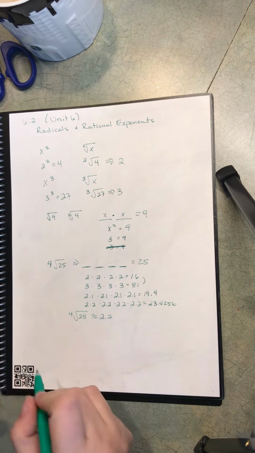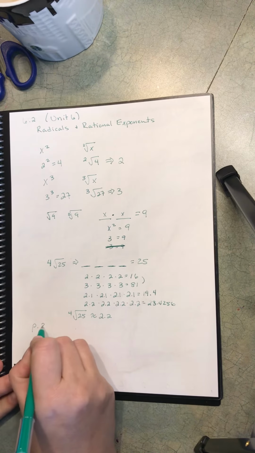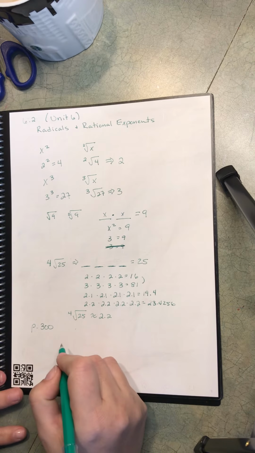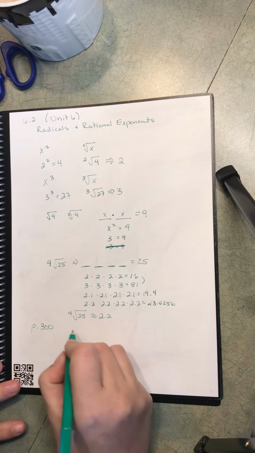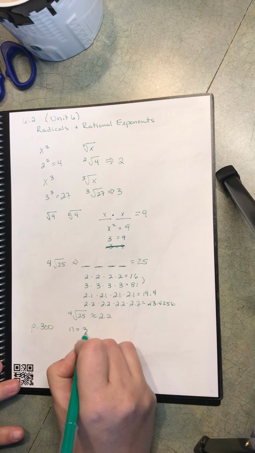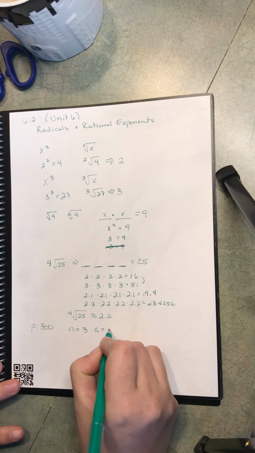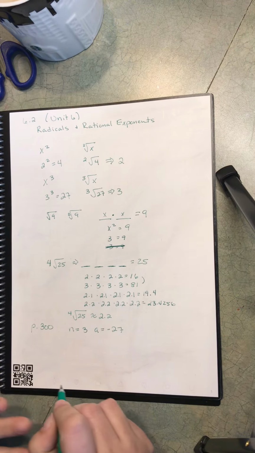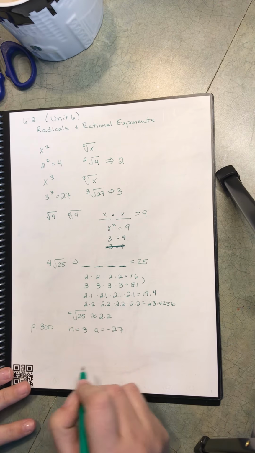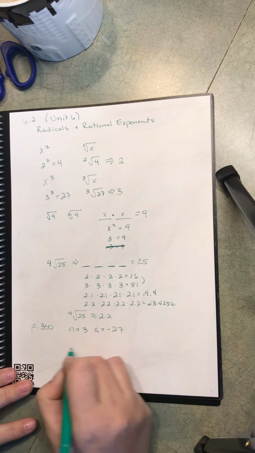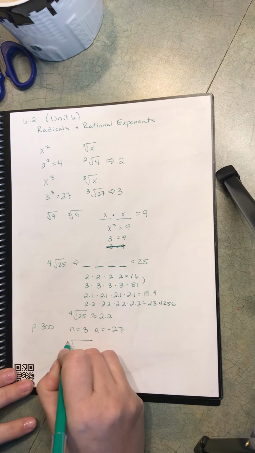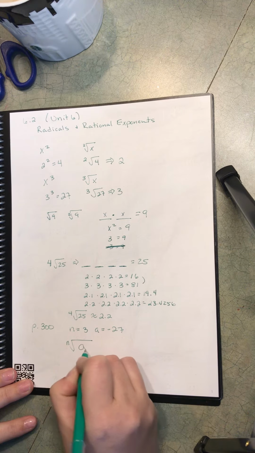So then on page 300, they have these weird problems where they say n equals 3 and a equals -27, and they want you to somehow use that magically to figure something out. Well, for these problems, you're always going to be using this idea, the nth root of a.